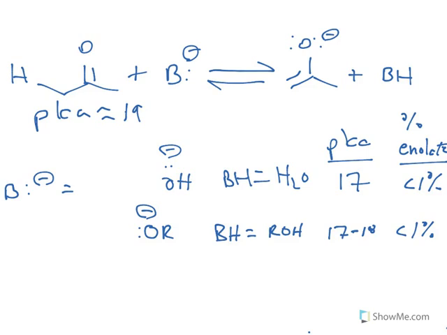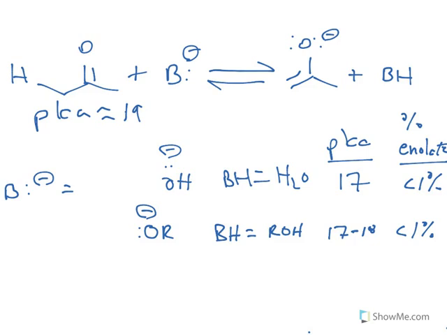They just have the advantage of making an alcohol rather than water as your conjugate acid. So there are some uses to that. An example of this would be something like sodium methoxide, or lithium ethoxide, things like that. Those are examples of these alkoxy groups.